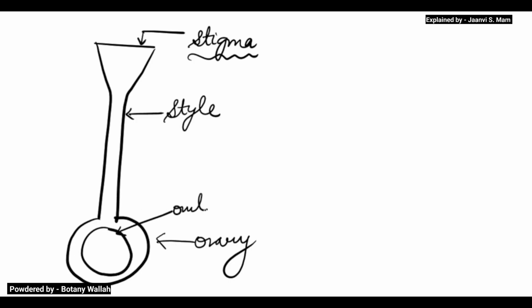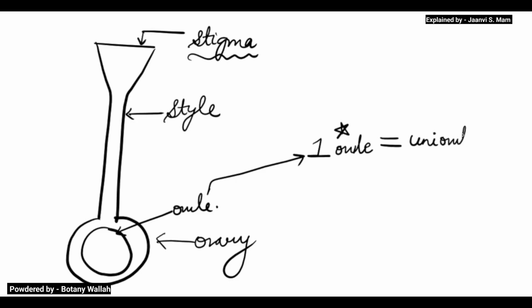If there is the presence of one ovule, then we say uni-ovulate. If one ovule is present, then we will say uni-ovulate.